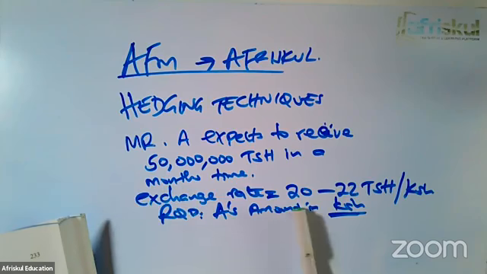Required: give us A's amount in Kenya shillings. I would want to do this question, but before I do it, let us get someone getting this answer right. I want to see answers being posted on the comment section.